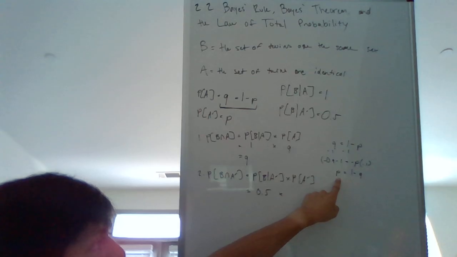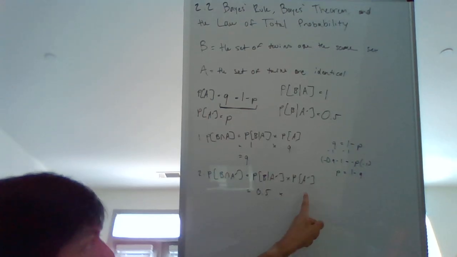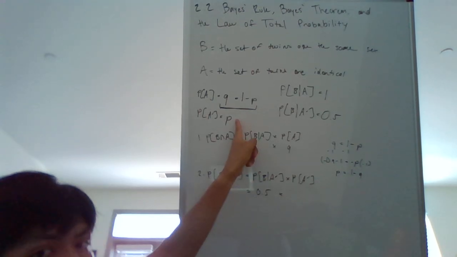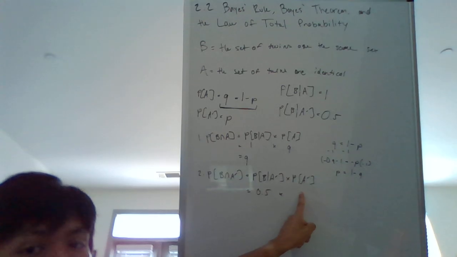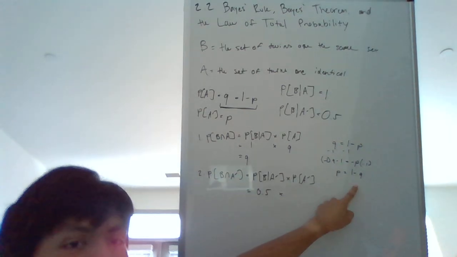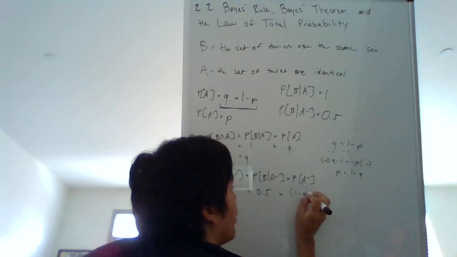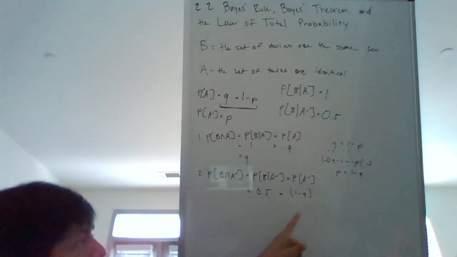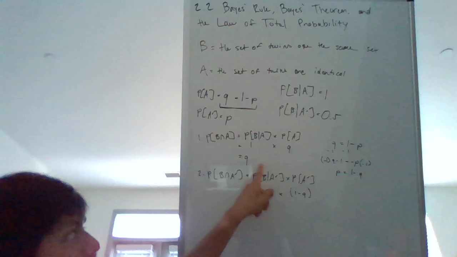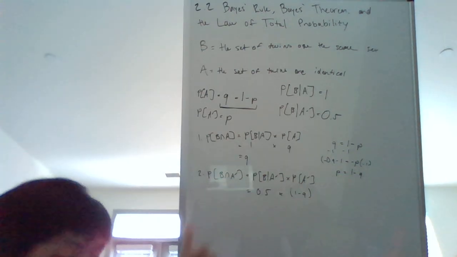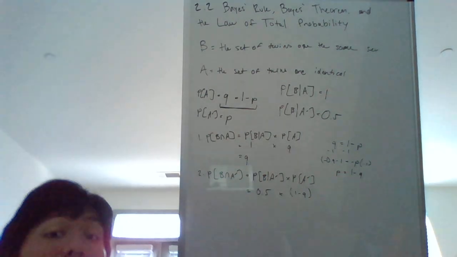So P is equal to 1 minus Q. So again, instead of bringing P down here for the probability of A complement, we can write 1 minus Q. Okay, so this is still in Q, and this is still in Q, so we're good, because we want our answer to be in Q.